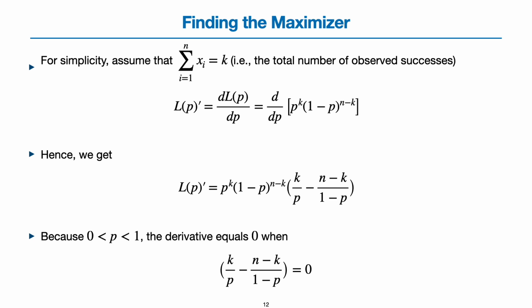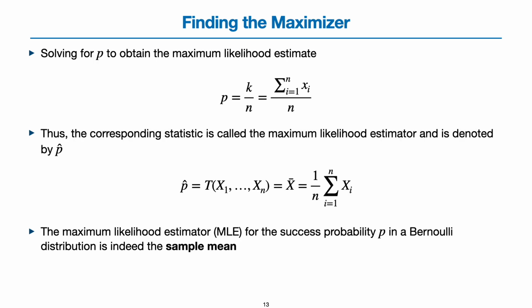You can see the full math here, but you can simplify this and set the derivative equal to 0. And if you just multiply this k by 1 minus p and then n minus k by p and solve this problem, you can see that our estimate here is k over n, and k is the number of successes.